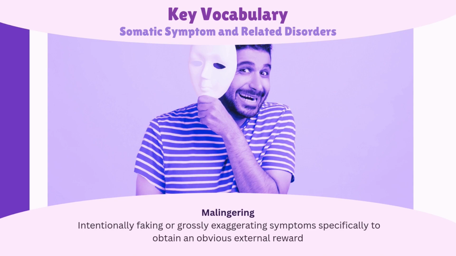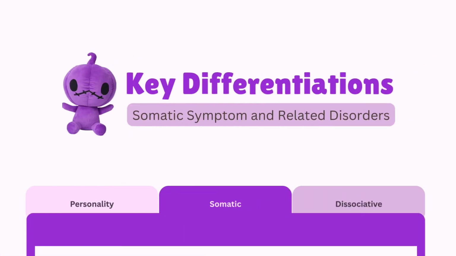Rather, malingering is when a person intentionally fakes or exaggerates symptoms, specifically for an obvious external reward, such as avoiding work or gaining compensation. This is important to note because this is how we distinguish it from factitious disorder later on. Now let us run down the differentiation between these disorders within this category.